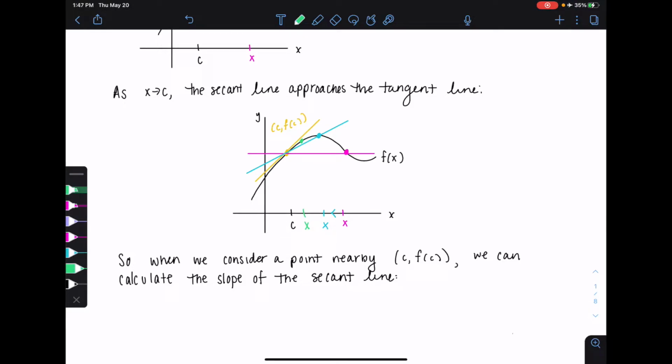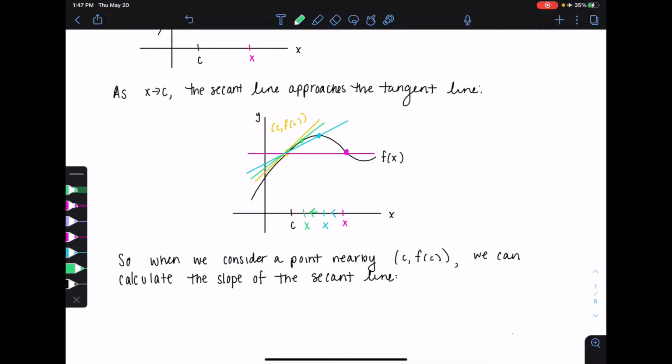If I let X get even closer to C, and I connect the green and the yellow dots, this secant line is a much better approximation for the tangent line. So if I consider a point nearby where I'm looking for the tangent line, I can get a decent approximation.